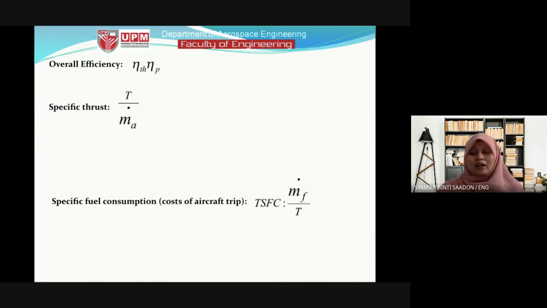It's the opposite of the specific thrust just now. For specific thrust, we want it to be as high as possible, so that with only a minimum value of air mass flow rate, we can produce better, higher thrust.